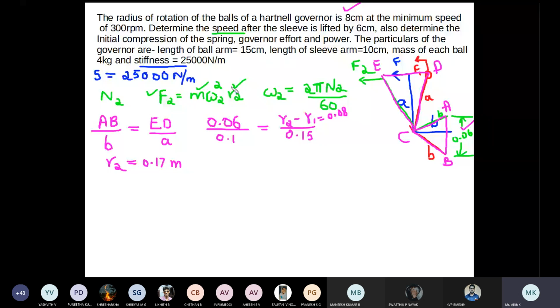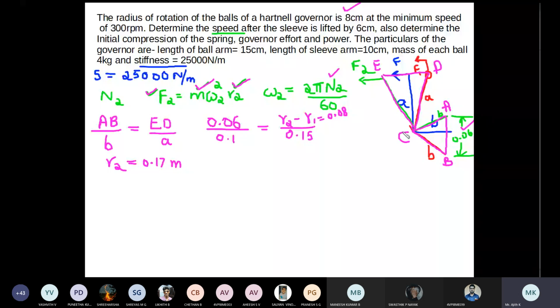So in this question, I have calculated R2 now. M is known. So somehow you have to calculate F2 now. If I calculate F2, then only omega 2 will be unknown, so using omega 2, I can calculate N2, the required thing. To calculate this F2, let me take a moment about the pivot point.